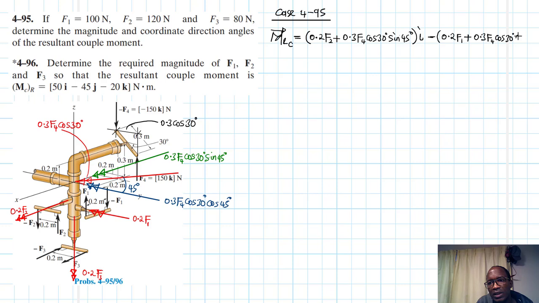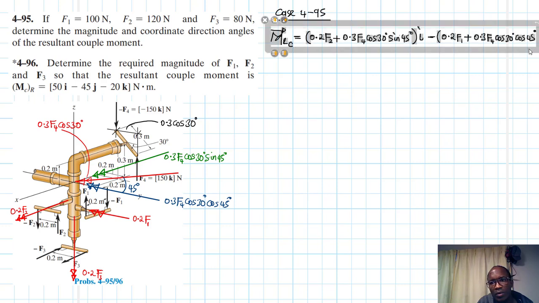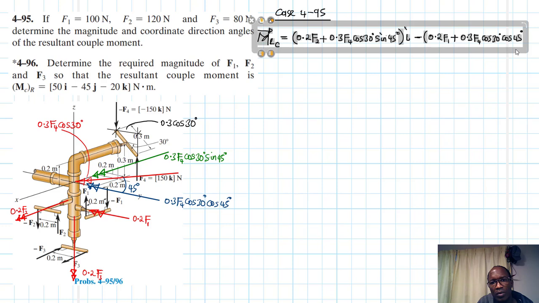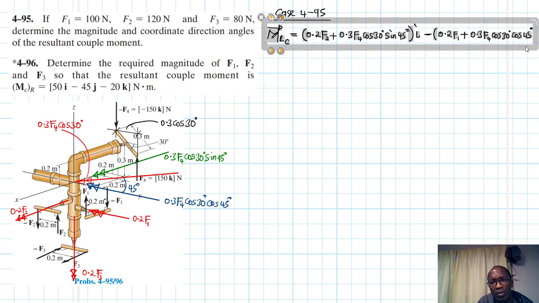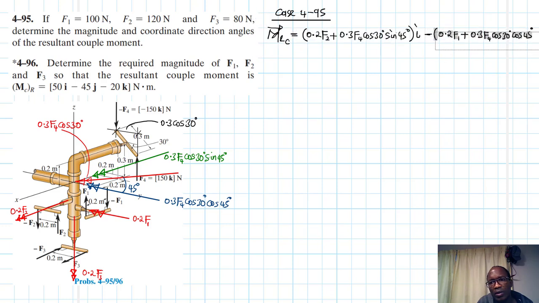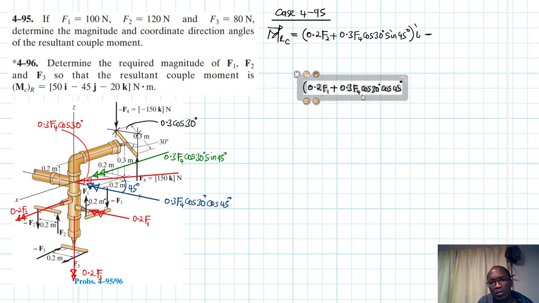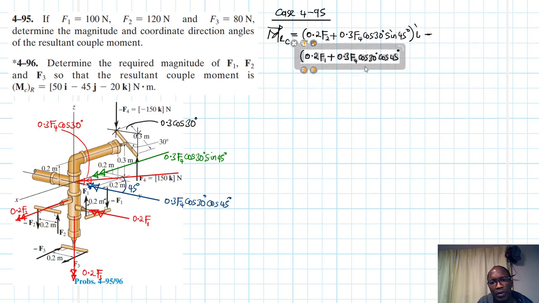So cos 30 sine 45. I'll just collect it like so and bring it here, i j.